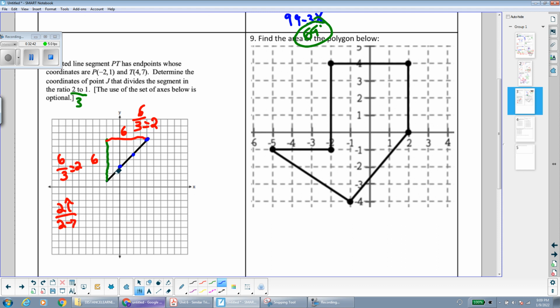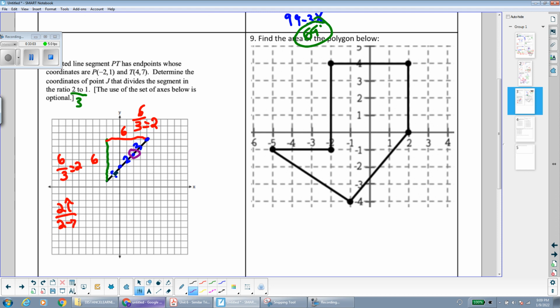Notice we have now partitioned the line segment into 3 parts, which is what we wanted. We need to find the point that has 2 parts of the line segment to the left of it and 1 part to the right of it. And that would be this point over here.